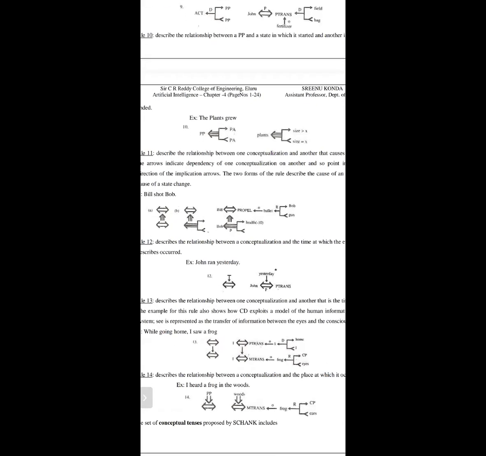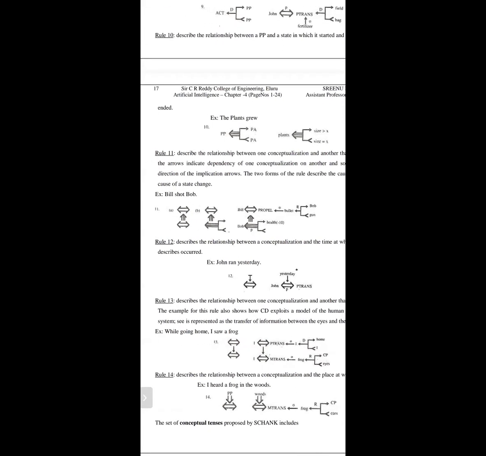Next, the example here is Bill shot Bob. Bill shot Bob. Okay. Here in the first one, I need to write Bill. The second one, I need to write Bob. Bill, propel, bullet, gun, Bob.